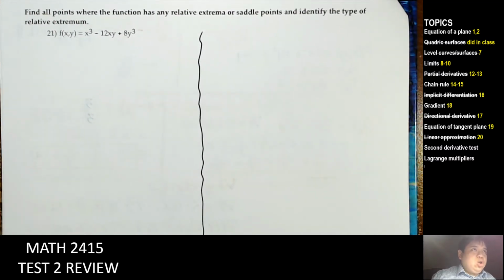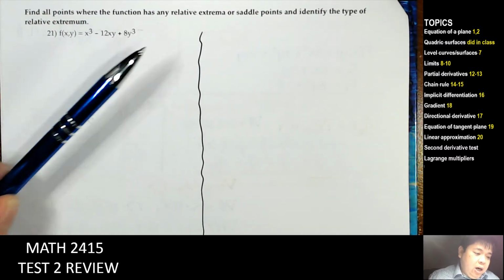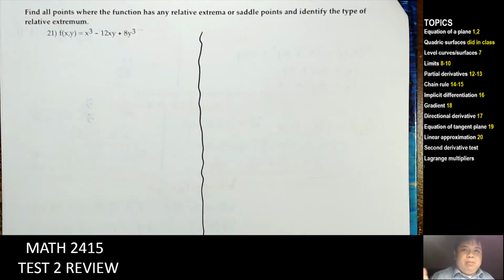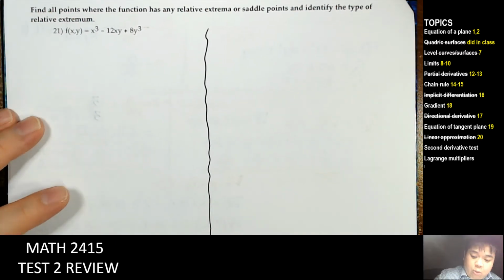Right. So we're trying to find relative extrema, relative maximum, relative minimum, or the local max or local min. Could be saddle point. And we use the second derivative test, and I have to use that. So first, we have to find the critical points.